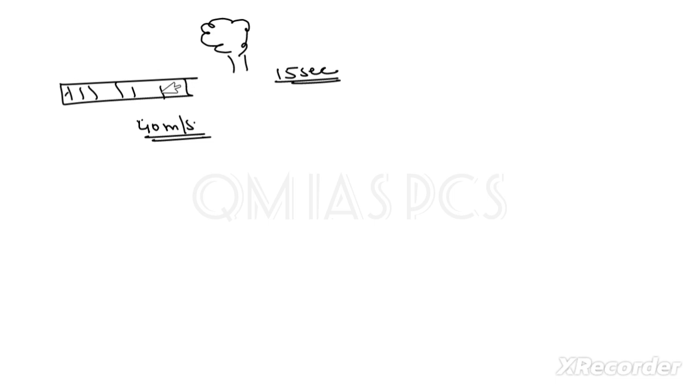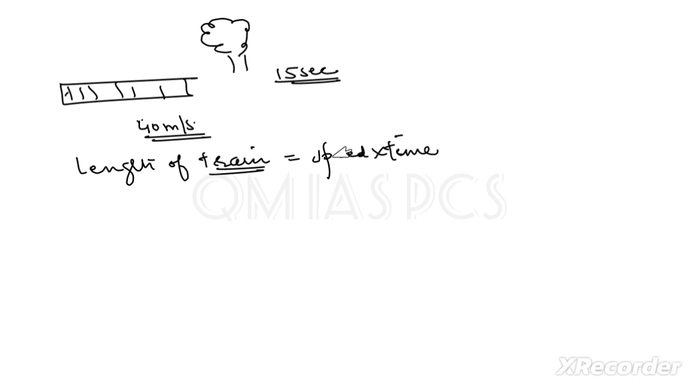Now what will be the length of that train? So length means we have to calculate the distance, based on that formula. So length will be what? Speed multiplied by time. And I'm again warning you, we have to look at the units.